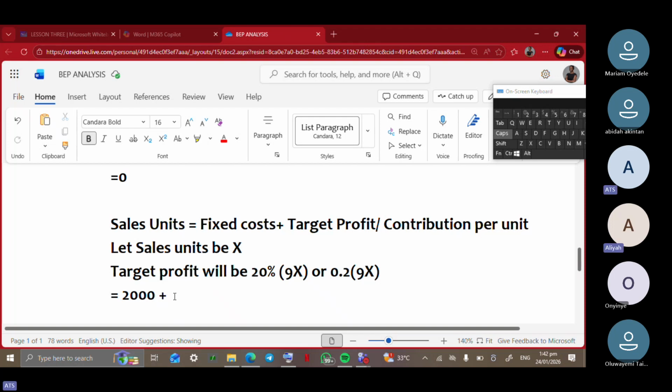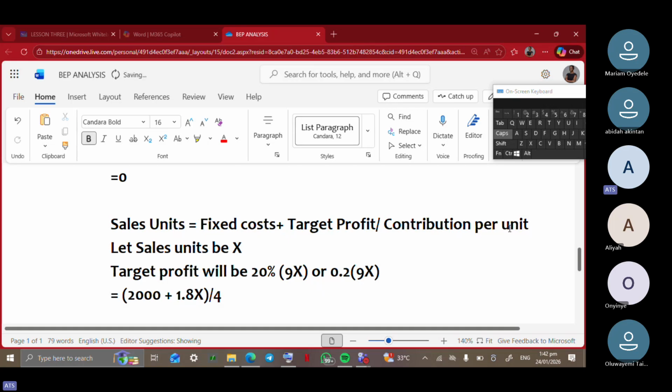So your target profit is 1.8x, all of this divided by your contribution per unit.